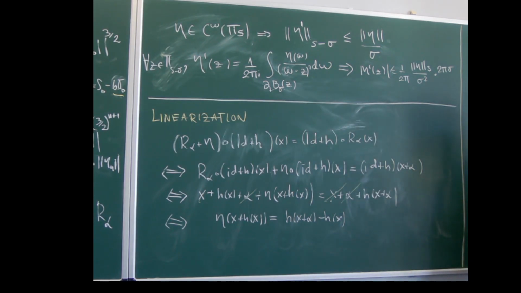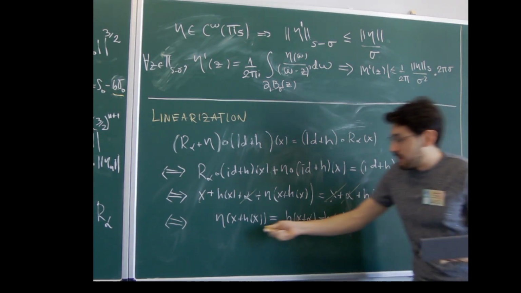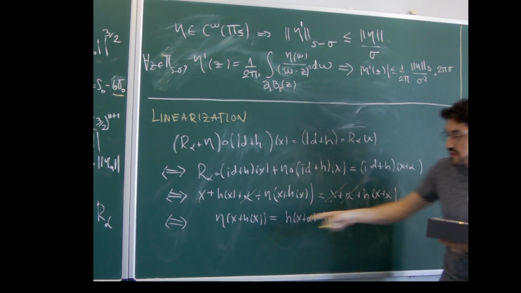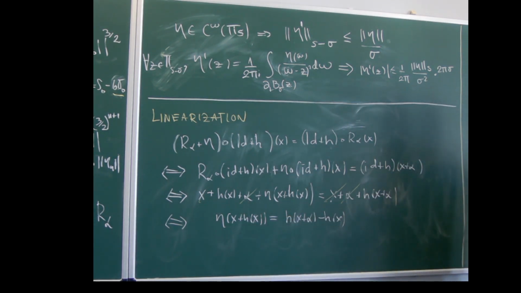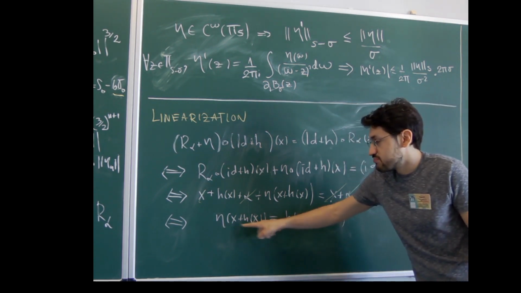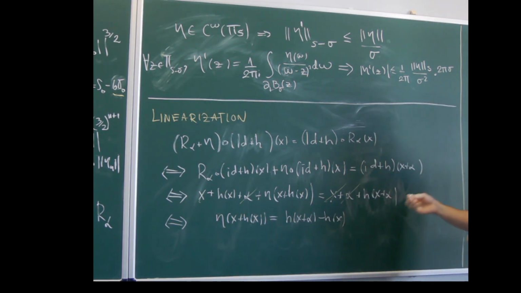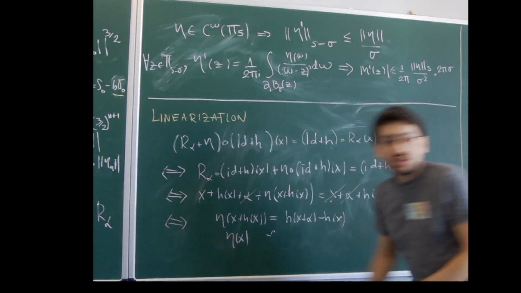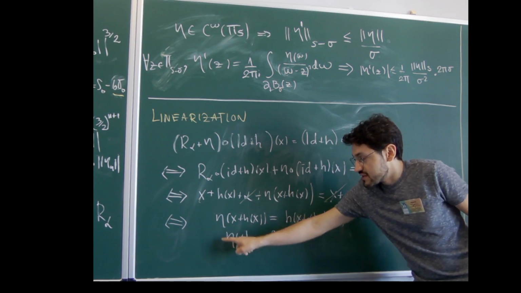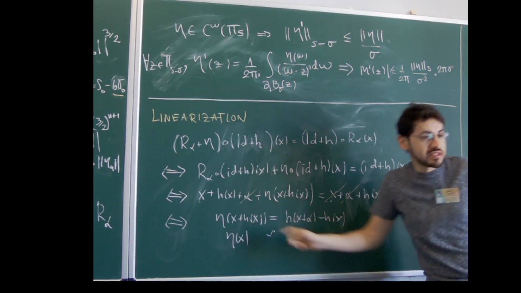But then this is the moment that tells you, okay, I don't know how to solve this if I have h here. But then I make my approximation: I can treat this as just eta of x, because here I'm thinking that h has a small size and this is a perturbation of the same size.